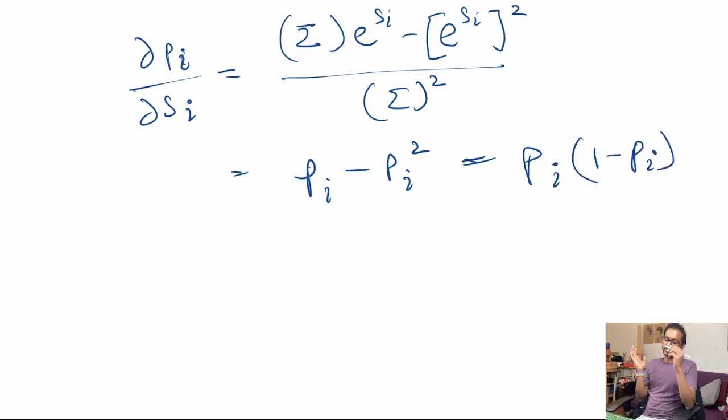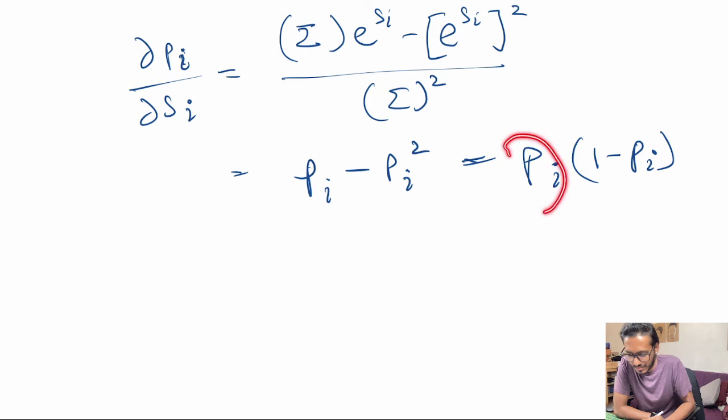So now we know that if this probability score is towards the higher end of the distribution, closer to 1, then this part is closer to 0. That means the derivative is nearly 0. So a small change towards the higher end of the spectrum does not result in a big derivative.